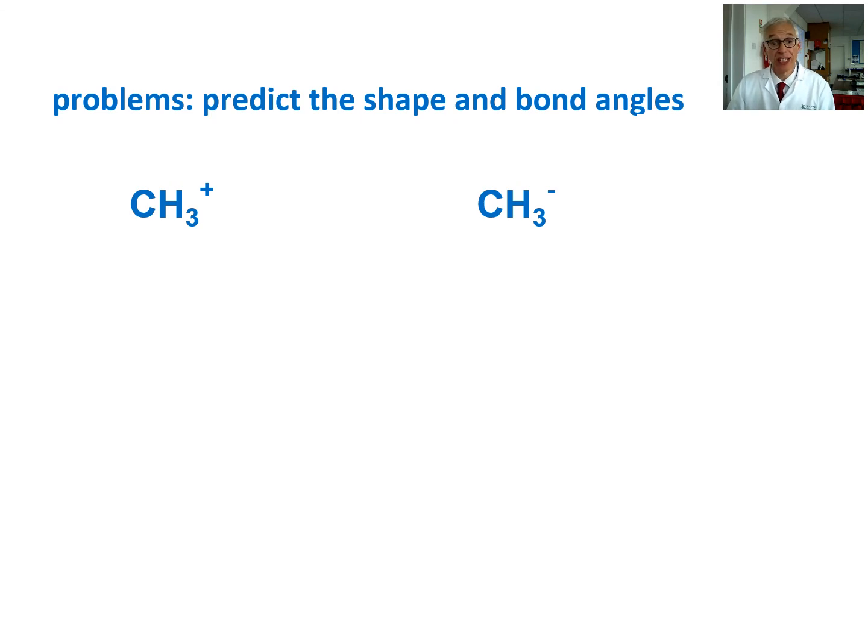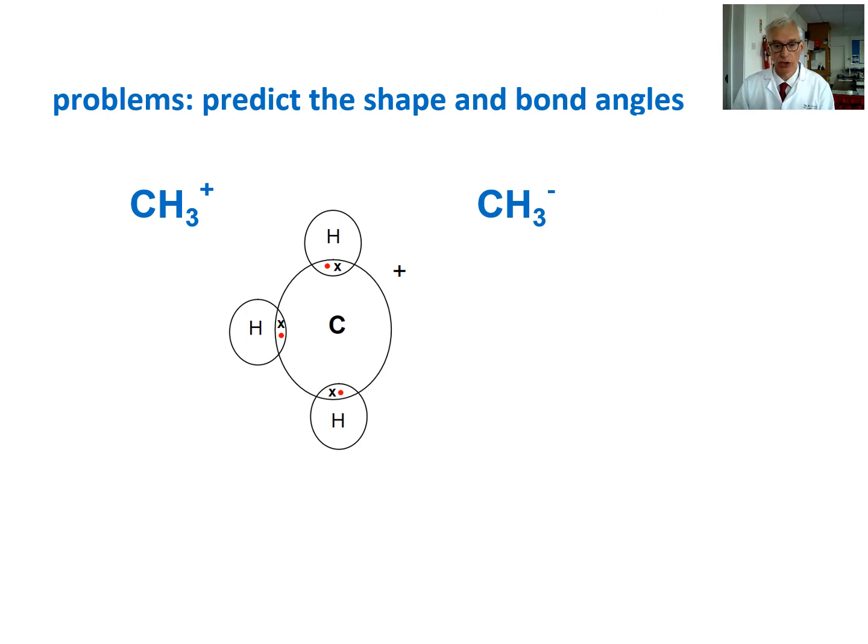Okay, so CH3 plus, carbon has 4 electrons in its outer shell, so it forms 3 covalent bonds with hydrogen. So we've got 3 covalent bonds, 1, 2, 3 with hydrogen, so there are 3 bond pairs. Where's the 4th electron gone? Well, it's disappeared. That explains the positive charge.